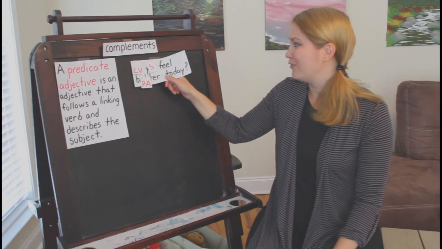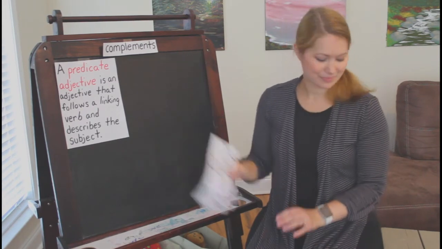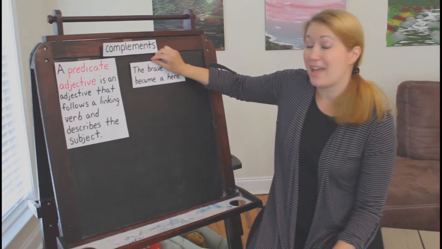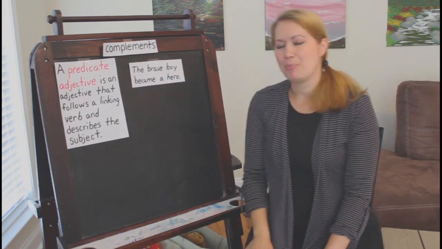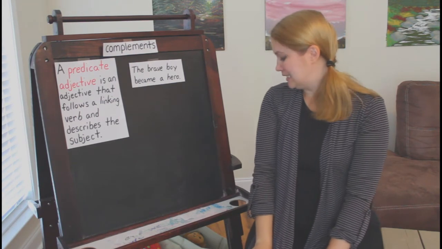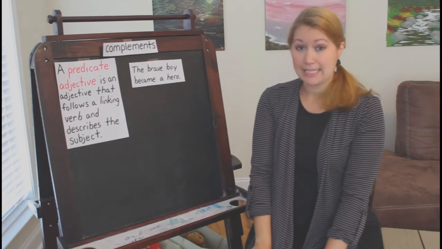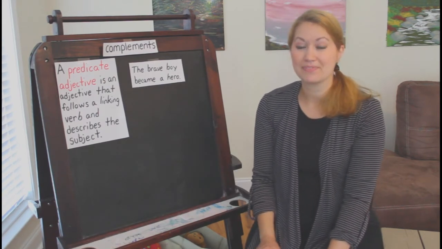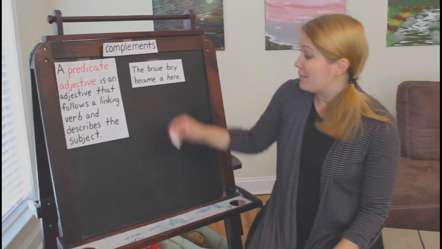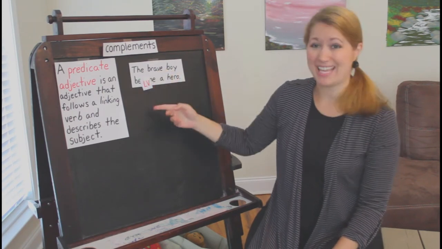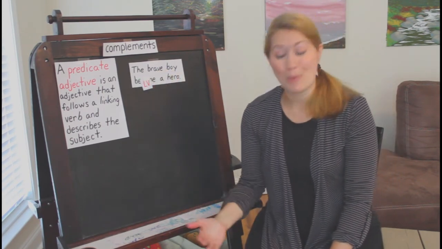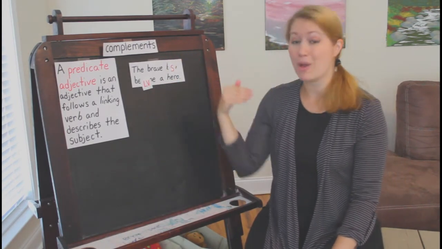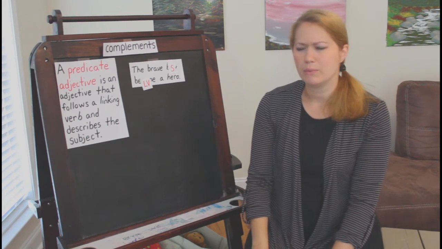I've got one more for you. The brave boy became a hero. Okay, let's see what's happening in our sentence. What's our verb? Became. Became is our verb. Okay, who became? Boy became. So boy is our subject. Boy became what? A hero.